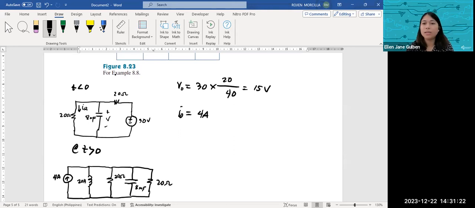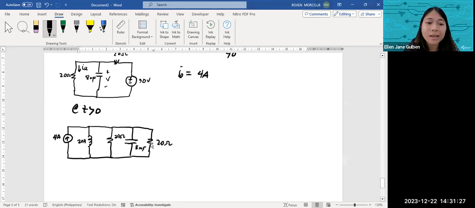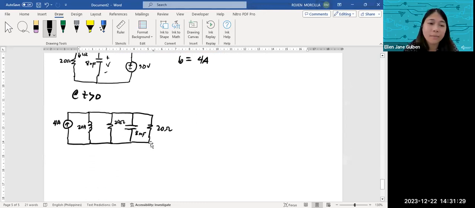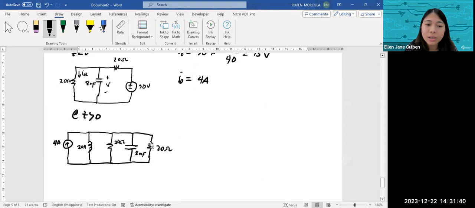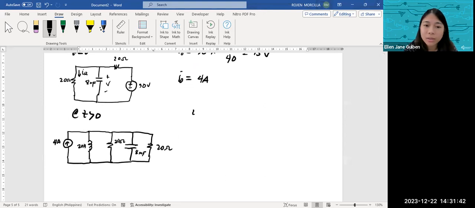Okay, so this one is a step response parallel RLC circuit. Since we're going to solve for I of t, we're not there yet.